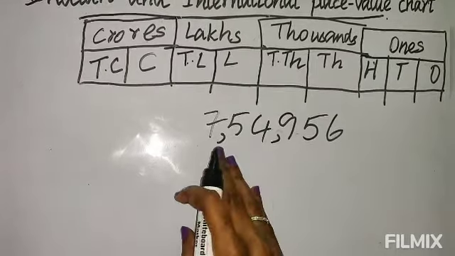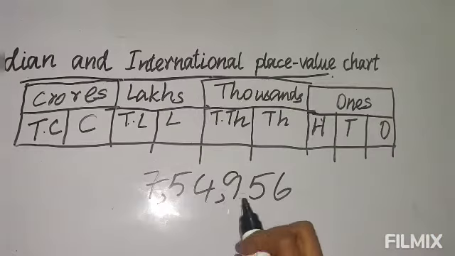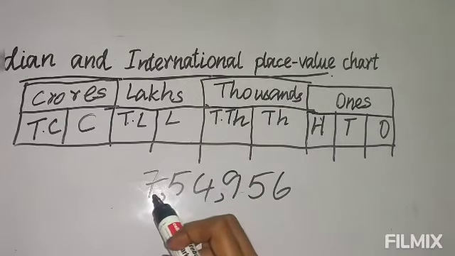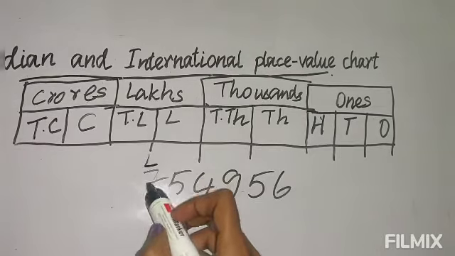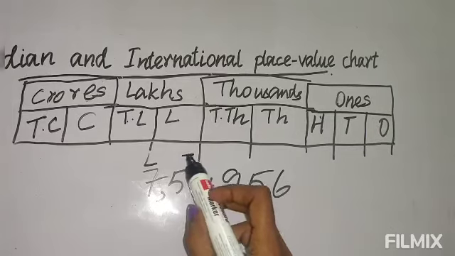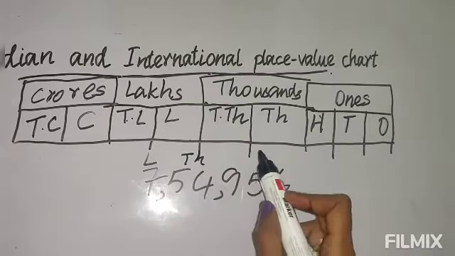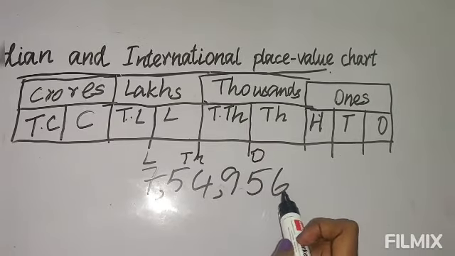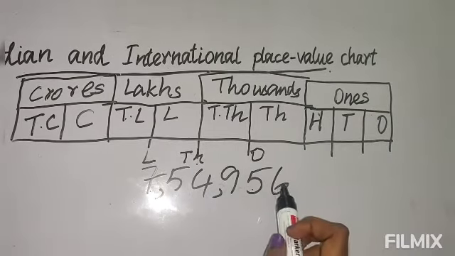When you put a comma, then you will know this is the ones period, this is thousands, and this is lakh. So this is the lakh period, and you will write in the number name 7 lakh. These two digits are the thousands period, so you will write 54,000, and this is the ones period, so you will read it as 956. So 7 lakh 54,956.